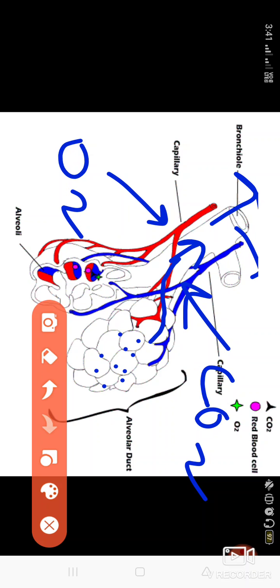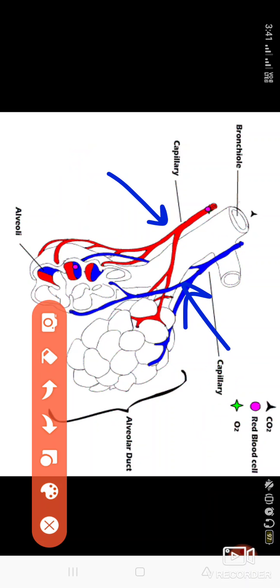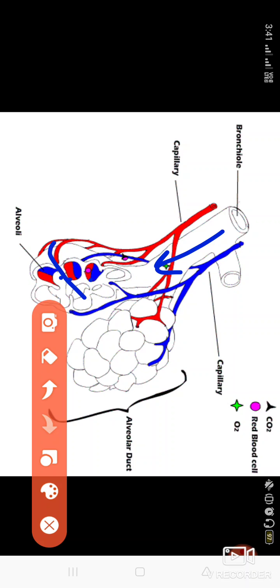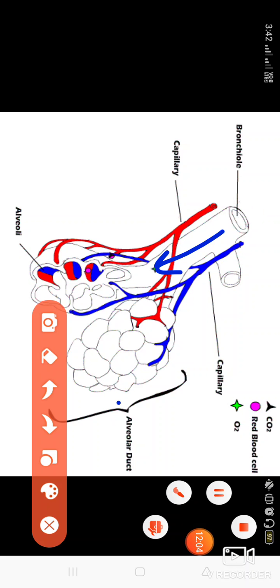And the oxygen which is inhaled is brought from the lungs to the bronchiole to the alveoli sac, and the blood capillaries present here absorb the oxygen and take it to the main blood stream. Okay, so this is how the oxygen and carbon dioxide actually transport during the process of respiration, and this is the structure of alveoli. I will show you one more diagram to make it more clear.